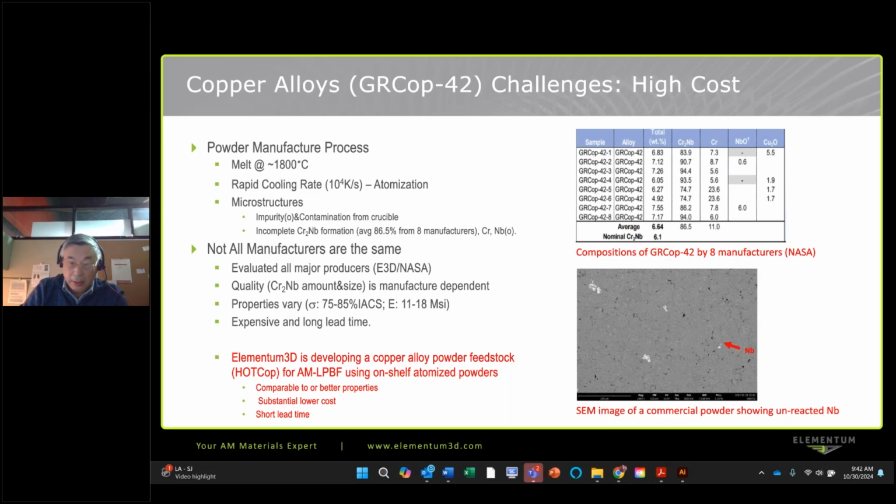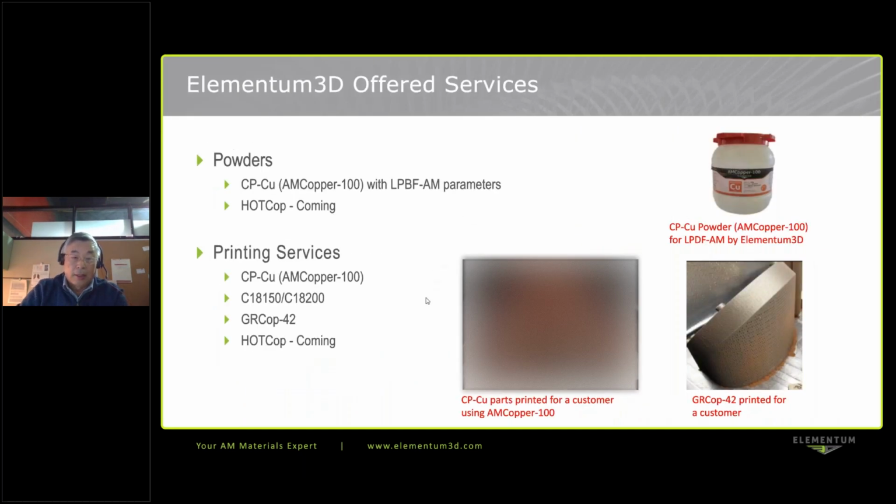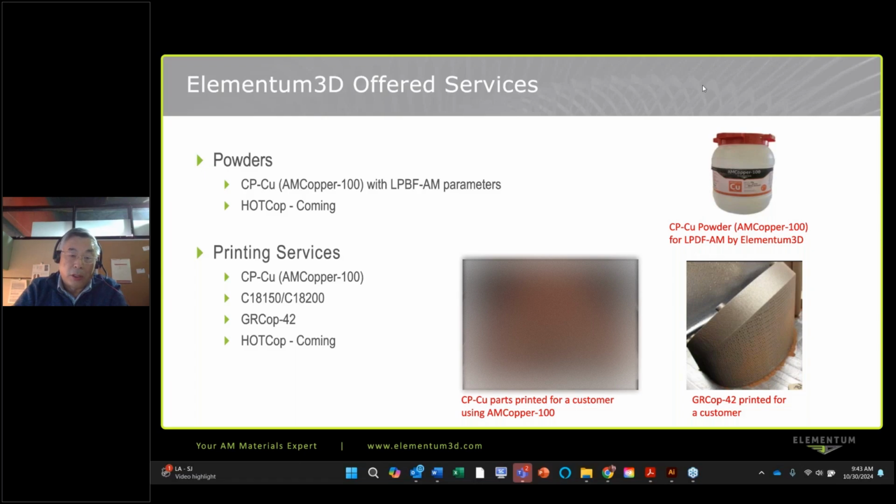Move to next slide. Finally, this slide shows the summary of what we offer on copper. You can purchase commercial pure copper powder from us. We call it AM Copper 100, and we guarantee its high printability and good performance.